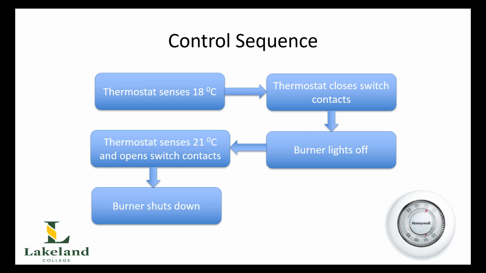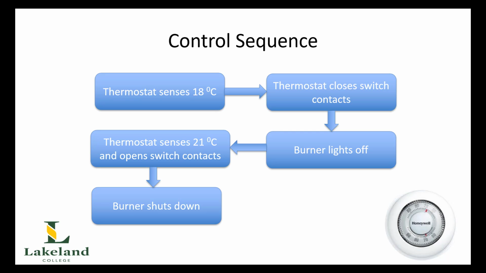Once the thermostat closes the switch contacts, it's going to energize the burner circuit, which is going to light off the burner of our forced air heater. That's going to generate heat, and it will heat our space up, which means the temperature is going to rise. Let's say that the temperature reaches 21 degrees C. Our thermostat is now going to see that we are above set point.